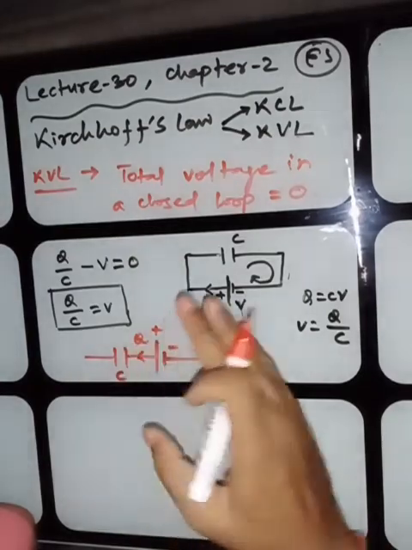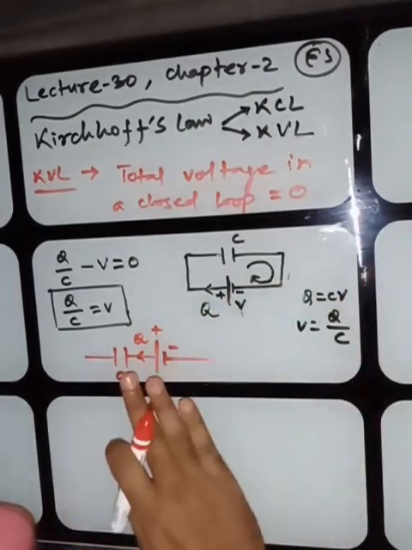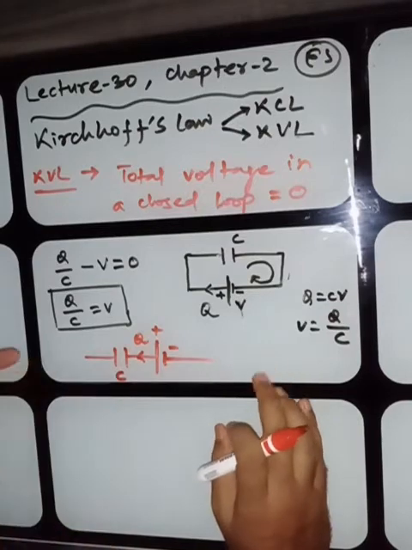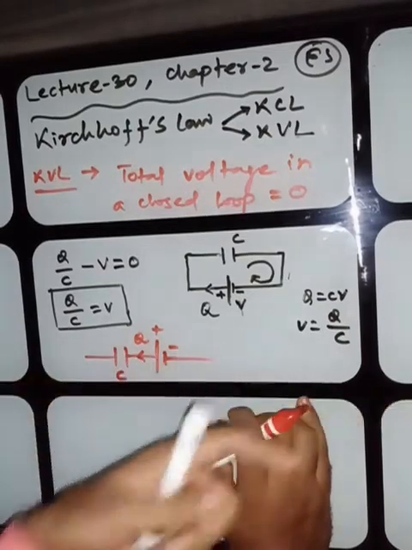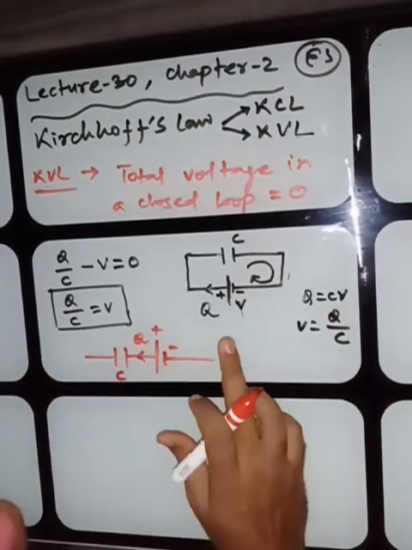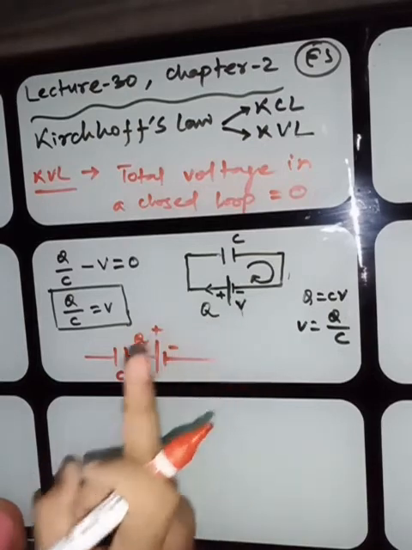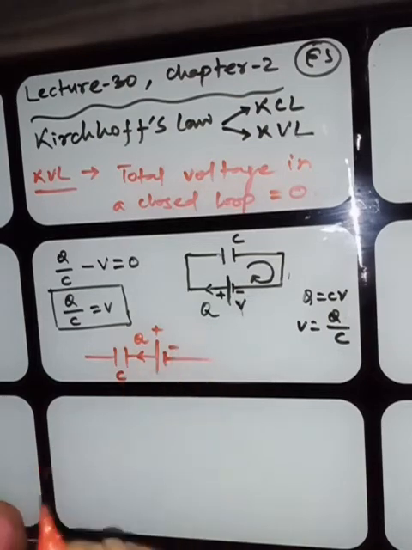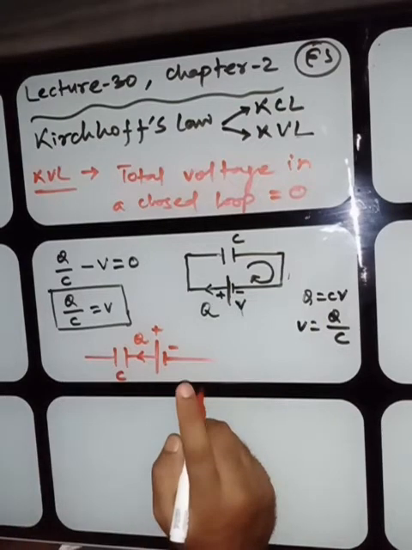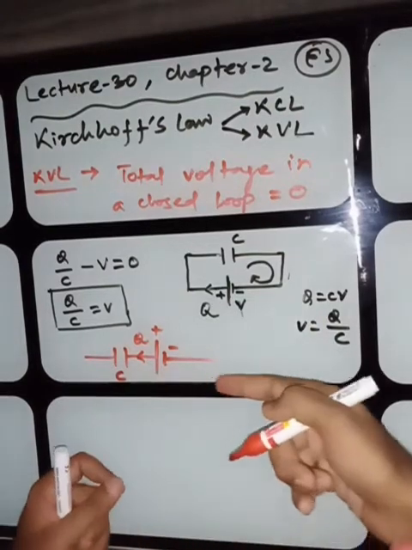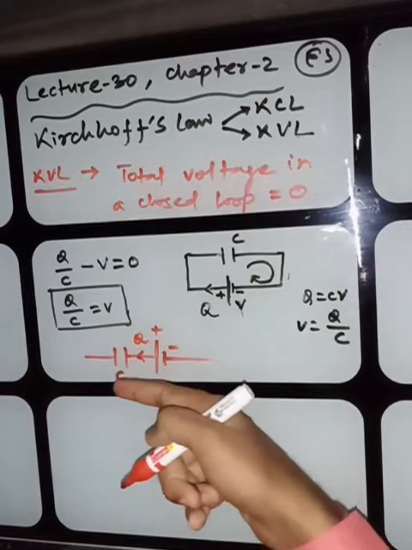If there is another battery in the same circuit, the charge might be coming from the other way also. But remember, in one branch there must be only one direction of charge.